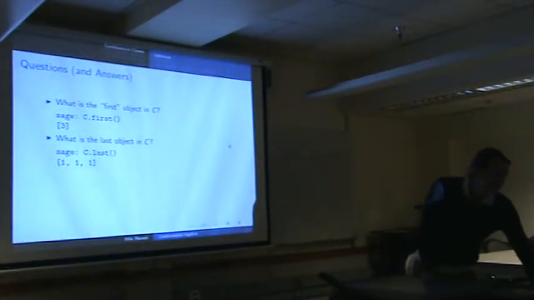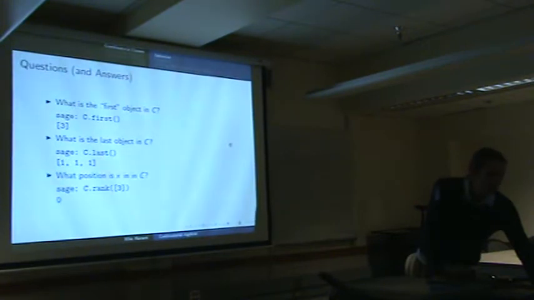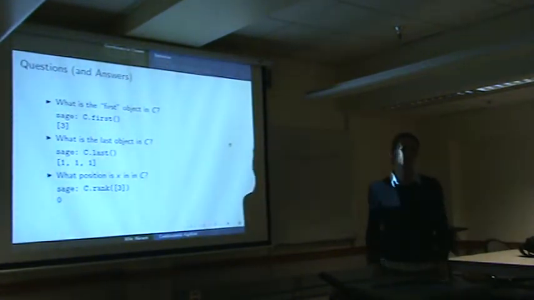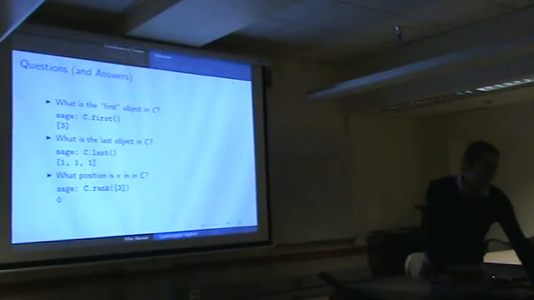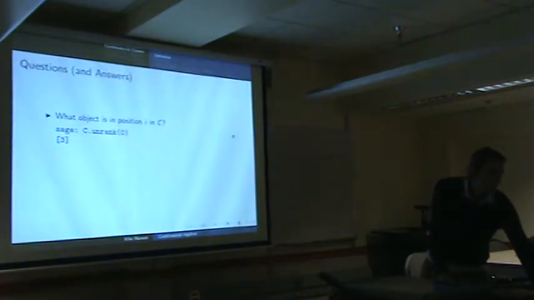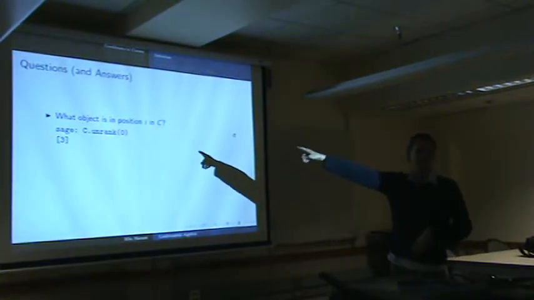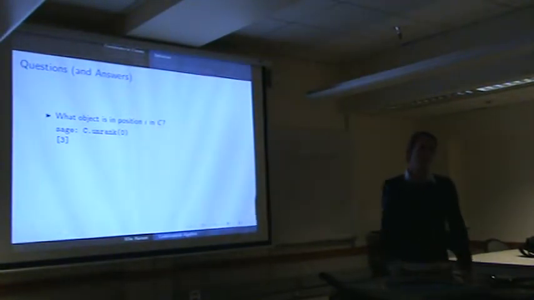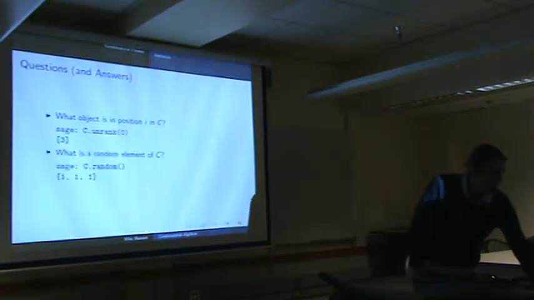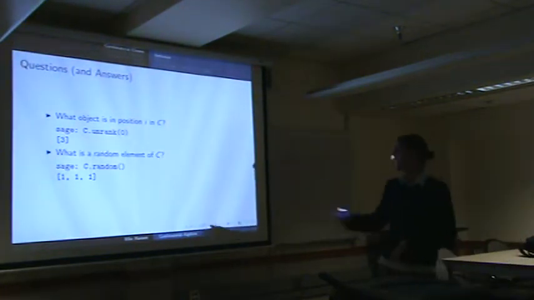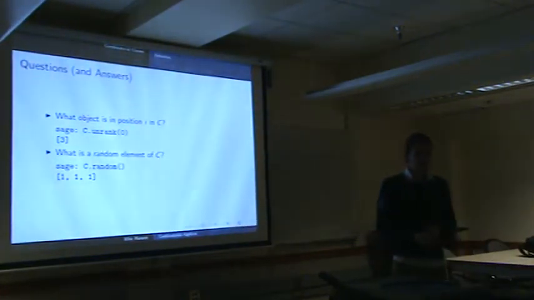Or what's the last object in this list? Or what position is [3] in the list of things in this class? And finally, what object is in position 0? You give it 0, and it tells you which partition that corresponds to. And you can generate random elements of this class.